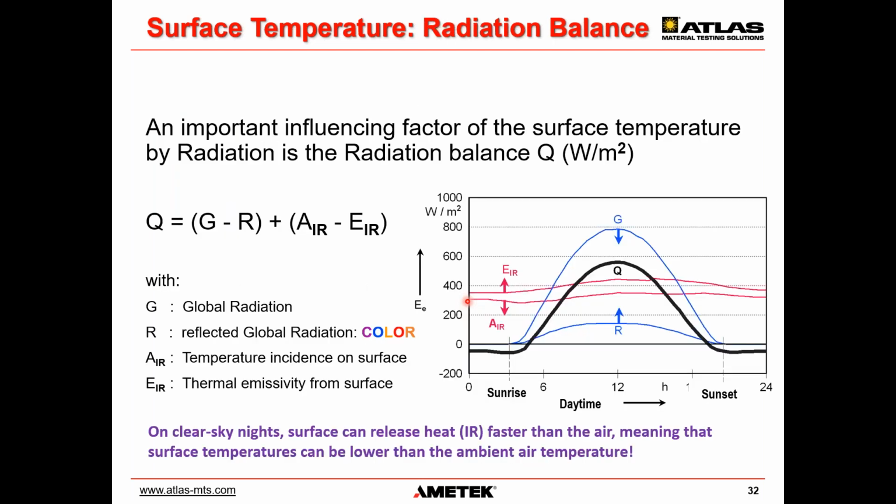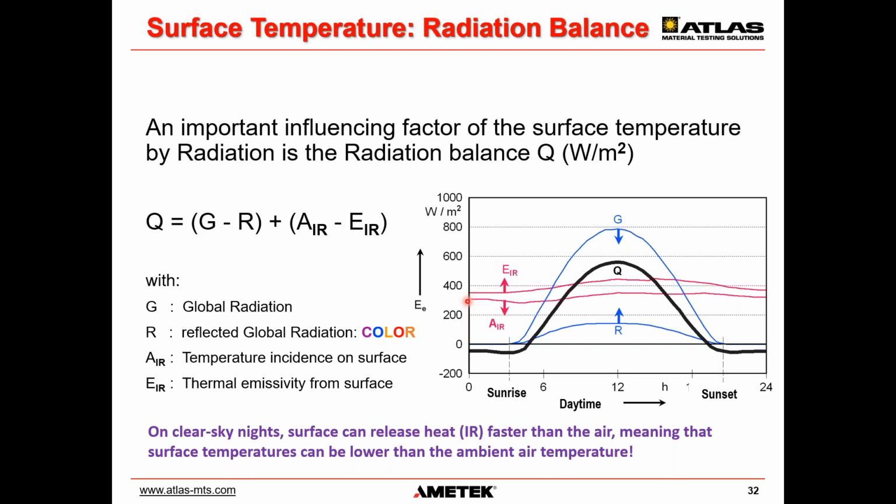And in an outdoor environment, we have a lot of incoming energy from the global radiation, depending on the absorption, on the reflectance, so on the color of the surfaces. And on the other side, we also have incoming thermal radiation from the environment, and we have thermal emission from the surface we are looking at.